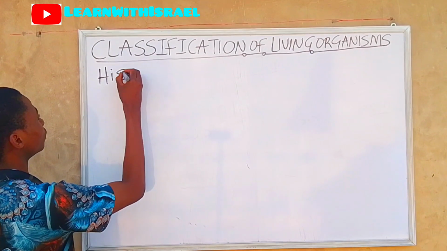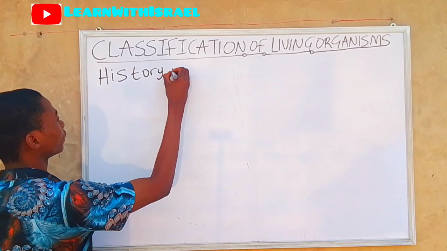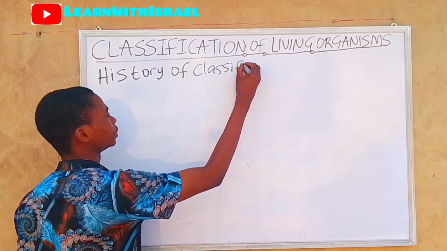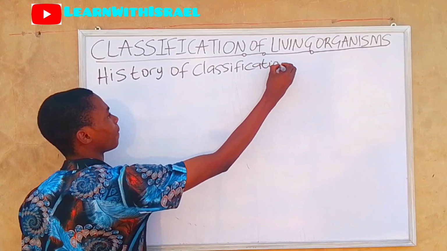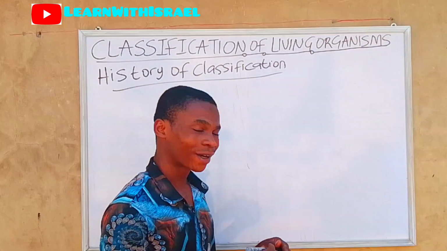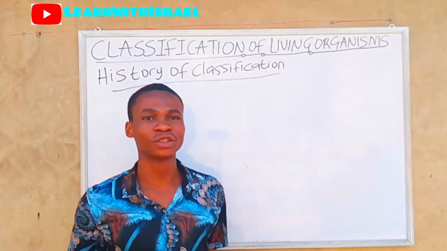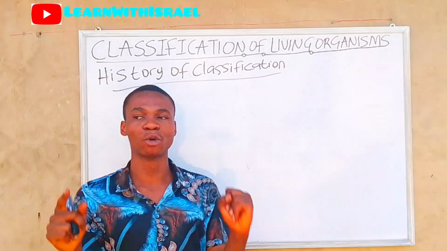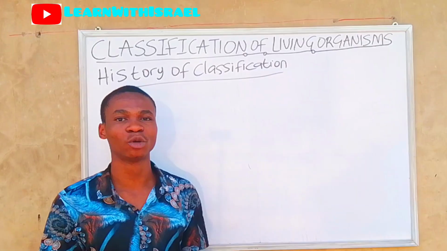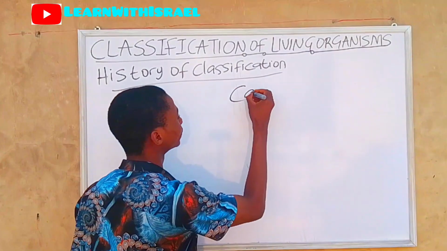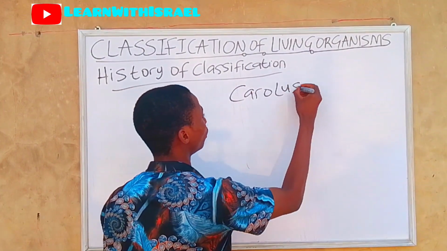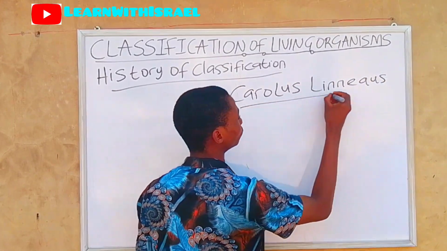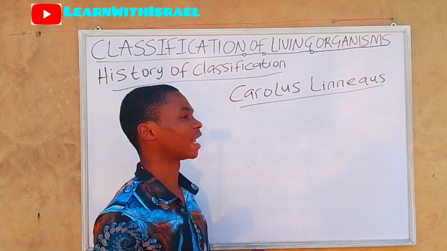History of classification. Classification was introduced by a Swedish botanist, and the name of that Swedish botanist is Carolus Linnaeus. Make sure you note that, you can be asked who introduced classification.